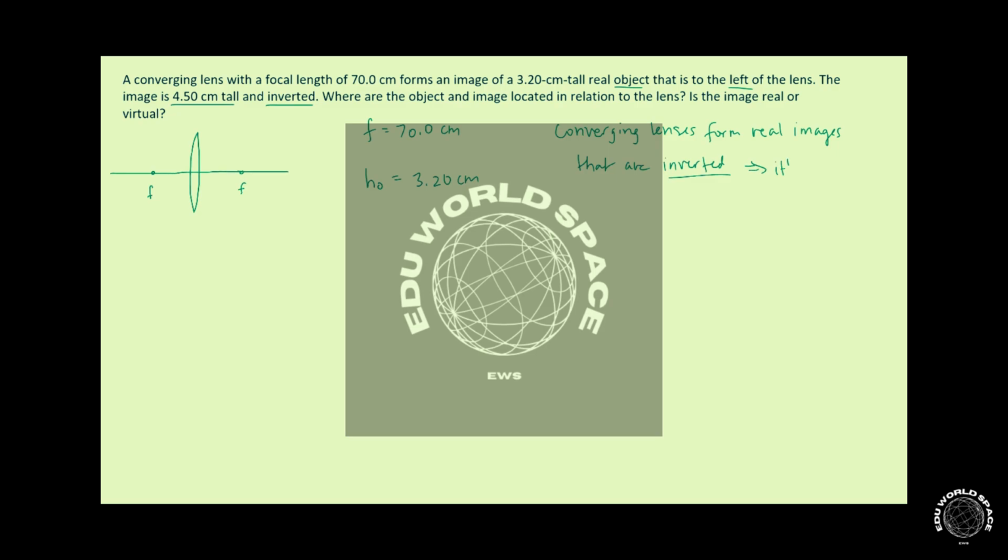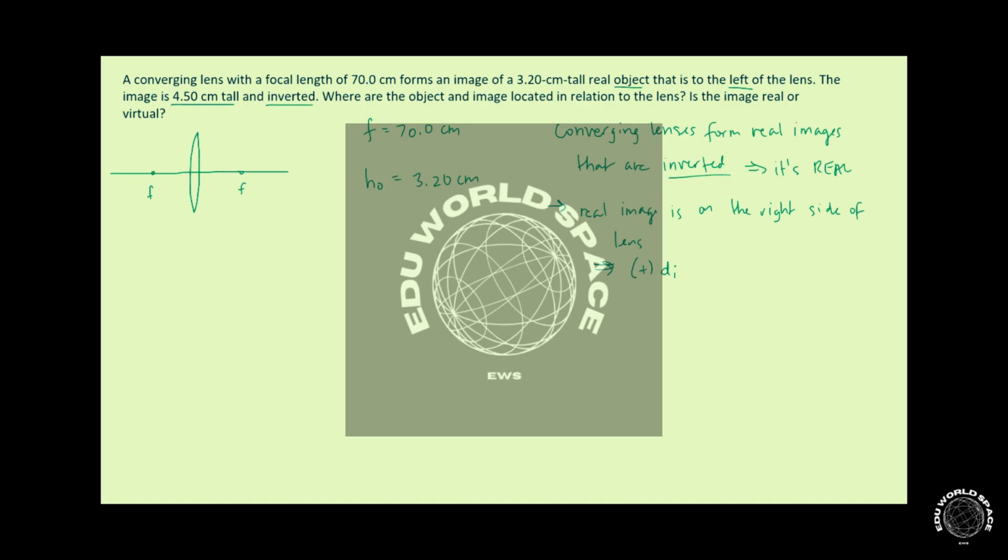And that helps us because we now know that this real image is on the right side of the lens and will therefore have a positive image distance. That lets us check if we get a reasonable answer here at the end.